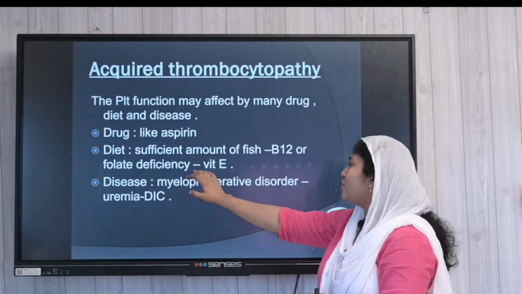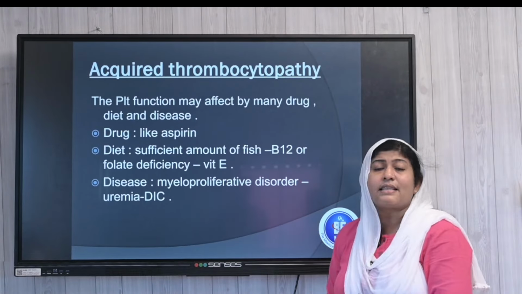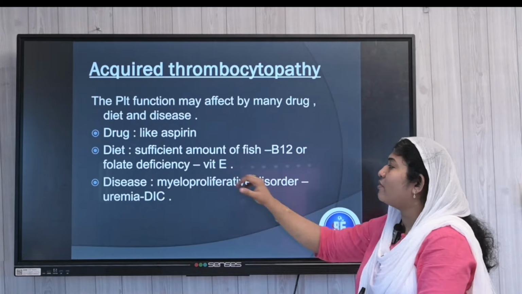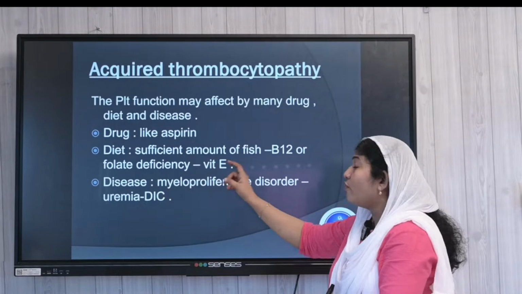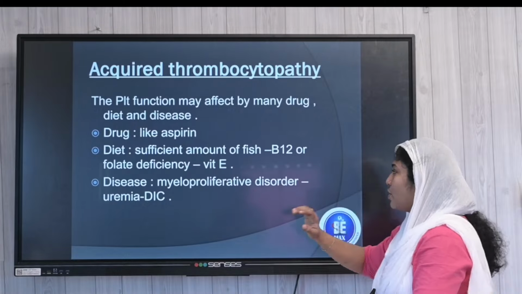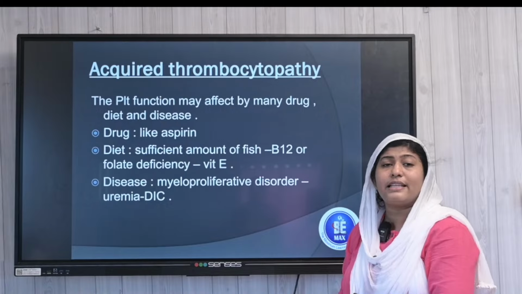Then another condition is diet. Our blood vessels need the support of some vitamins also. Vitamin B12 or cyanocobalamin, vitamin B9 or folic acid, and vitamin E or tocopherol all help platelet formation. But if there is a deficiency of these vitamins, they also result in prolonged bleeding.